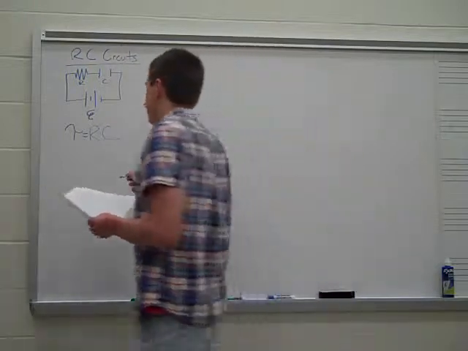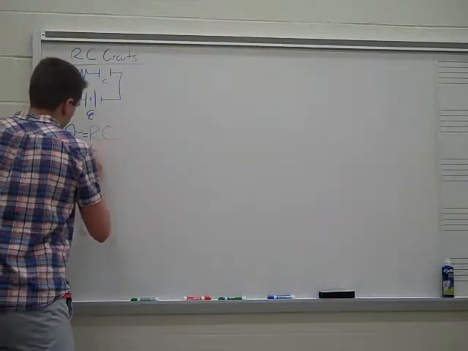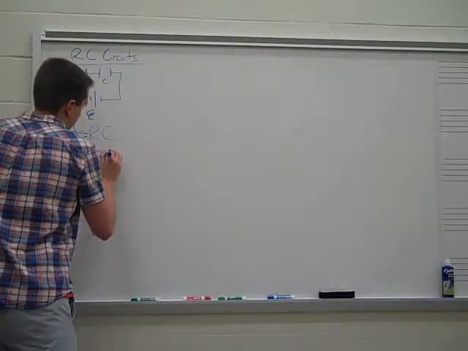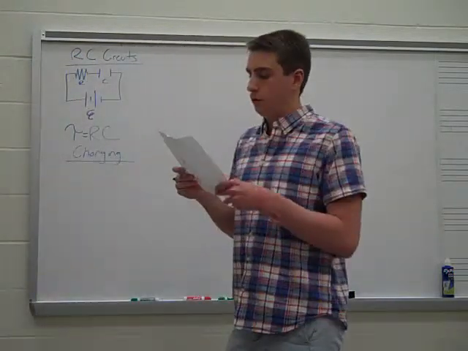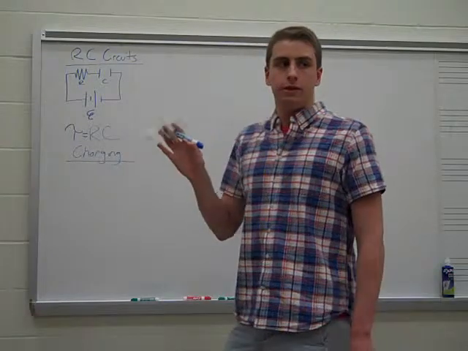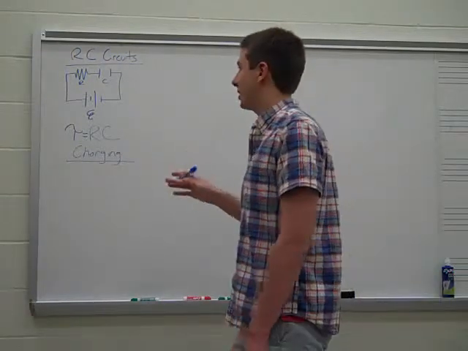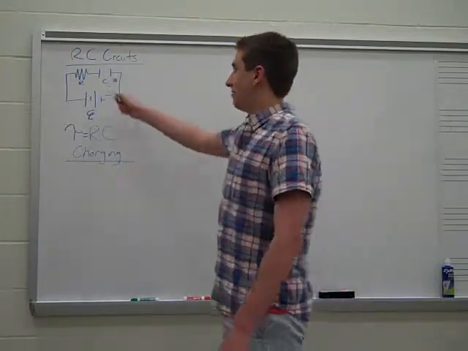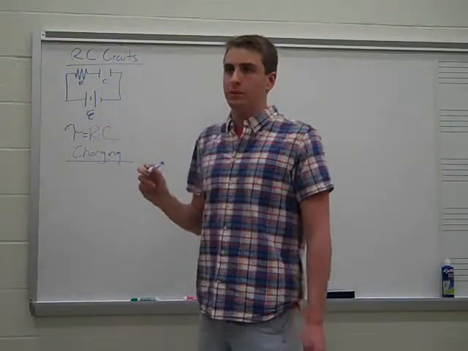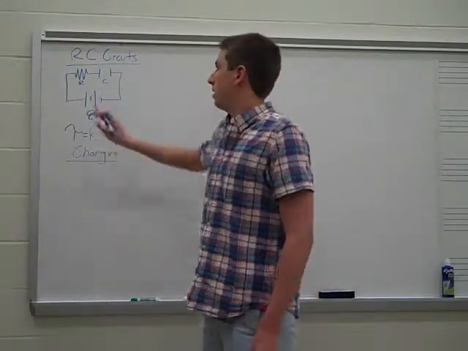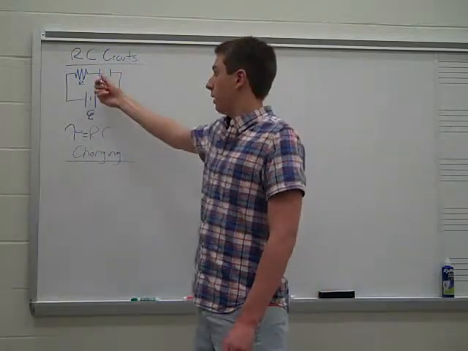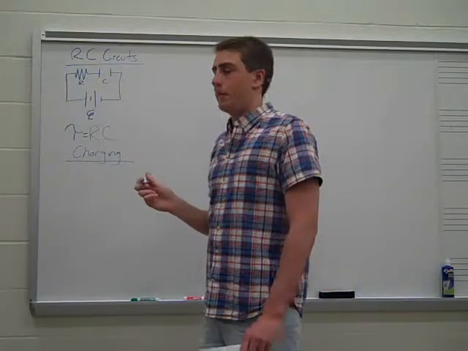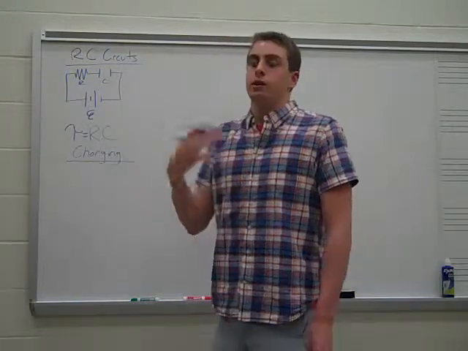Now, when you're charging an RC circuit, you know that the voltage, once you finish the entire charging process on this capacitor, is going to equal the EMF. Because when that thing is completely charged, no charge is going to be moving across this dielectric, so you're basically going to have zero current.